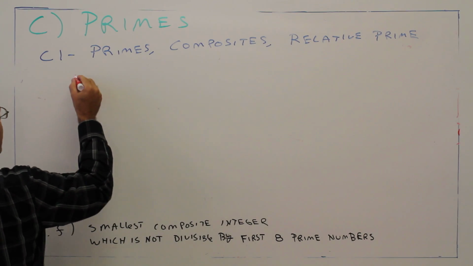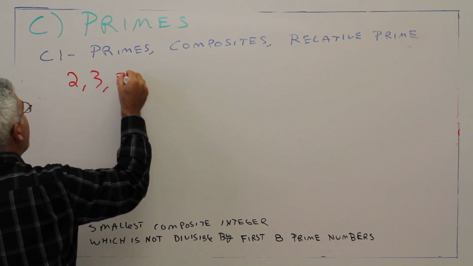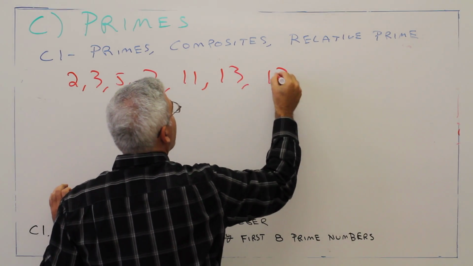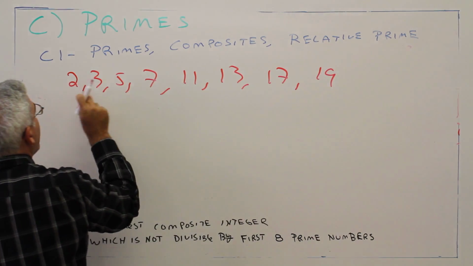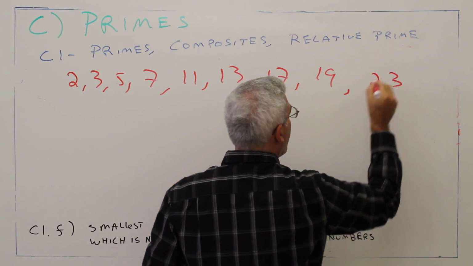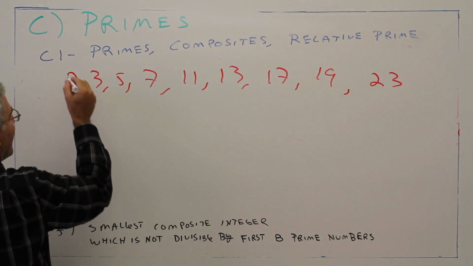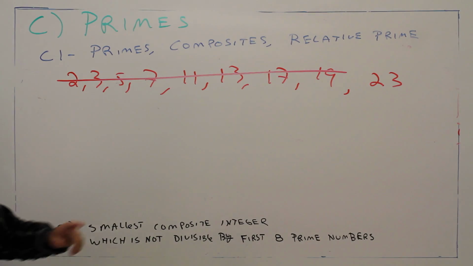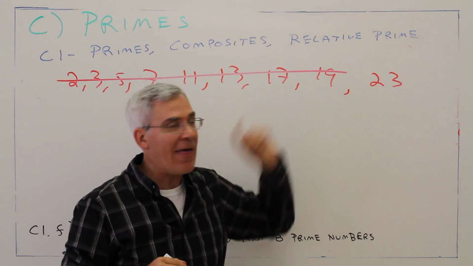So 2, 3, 5, 7, 11, 13, 17, 19, 1, 2, 3, 4, 5, 6, 7, 8. And the next one is 23. So it's not divisible by any of those, but it can be divisible by that one.